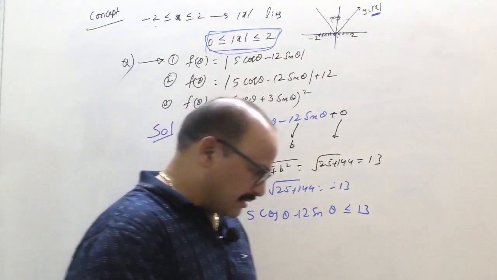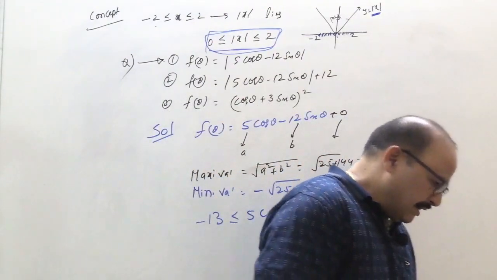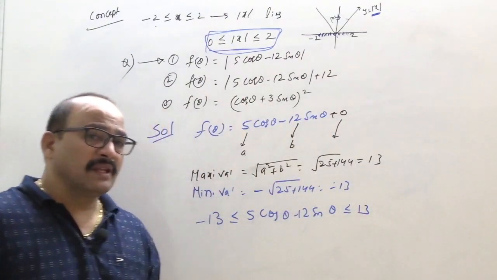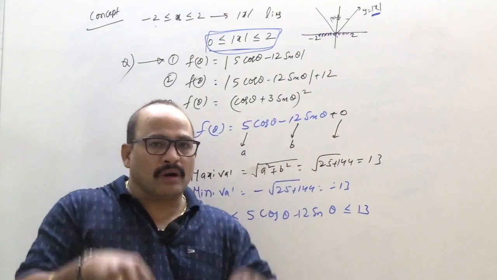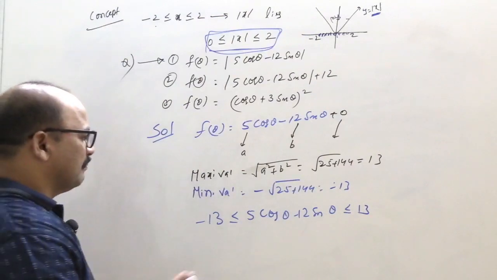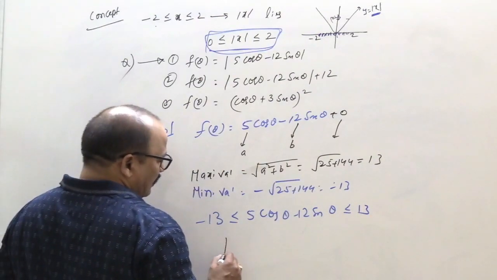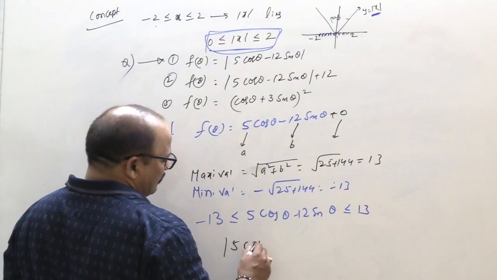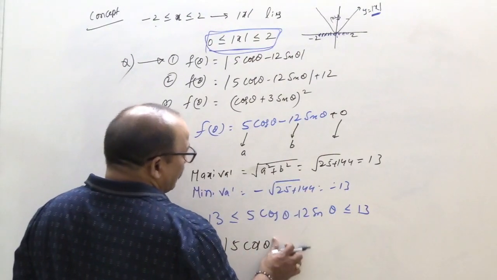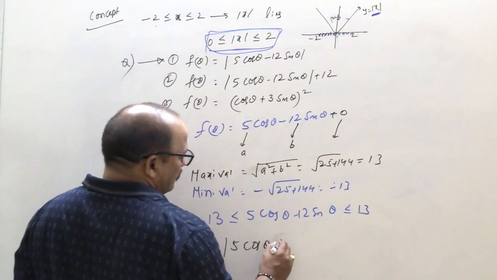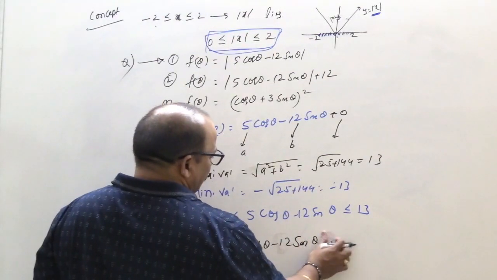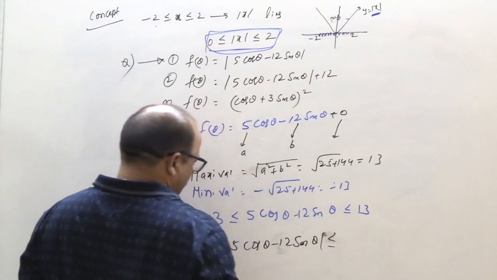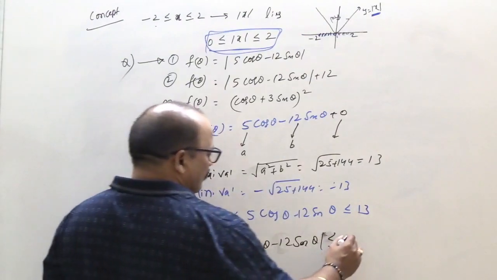Actually this is the answer, students, but you are applying the modulus, so cut the negative part. When you apply the modulus, the negative region is completely gone. So that means modulus of 5 cos theta minus 12 sin theta is between 0 and 13.